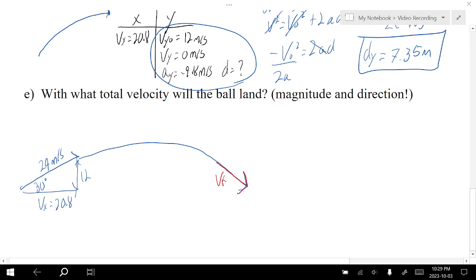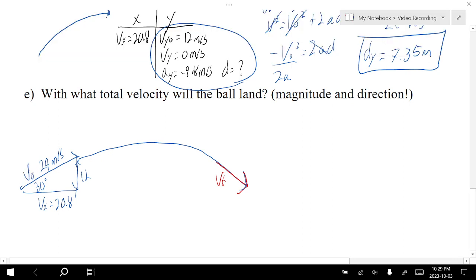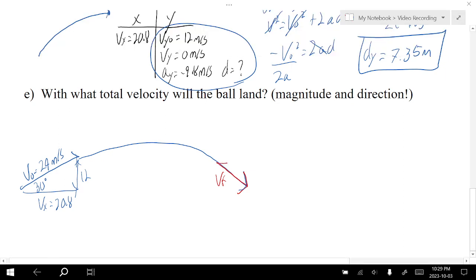Now our final velocity vector, much like our initial velocity vector, which is 24, has an x component and a y component. I'll call them Vx and Vy final, though I don't say Vx final because Vx hasn't changed. And because it hasn't changed, it's still 20.8 meters per second.